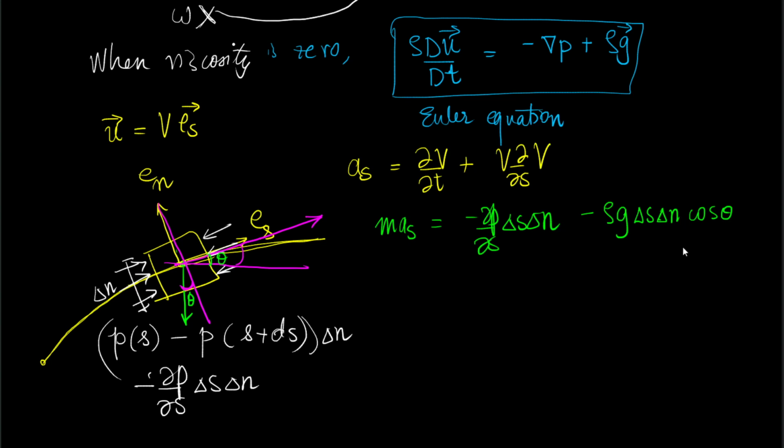Oh, rather it won't be cos theta, it will be sin theta, because the projection of this gravity force in the S direction will be along the N direction, not the S direction. So the mass here will be rho times delta S times delta N times AS is equal to minus del P del S delta S delta N minus rho g delta S delta N times sine of theta. Now the sine of theta will be equal to what?